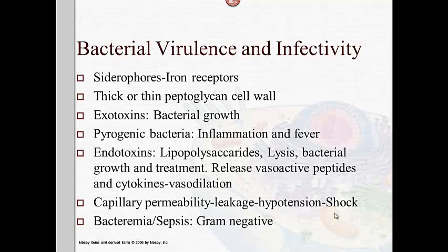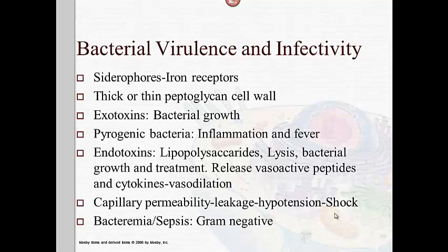We already discussed what an exotoxin and endotoxin are. It's basically those toxins that have the ability of lysing and providing bacterial growth. Now, this type of bacteria are able to be released and produce an endotoxic shock.